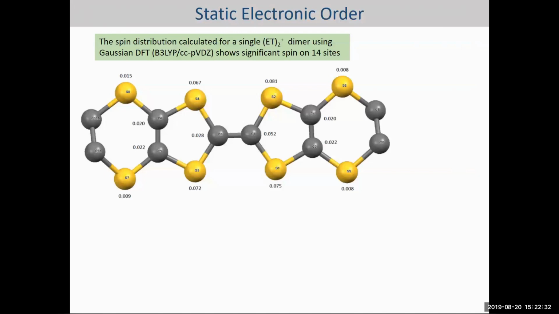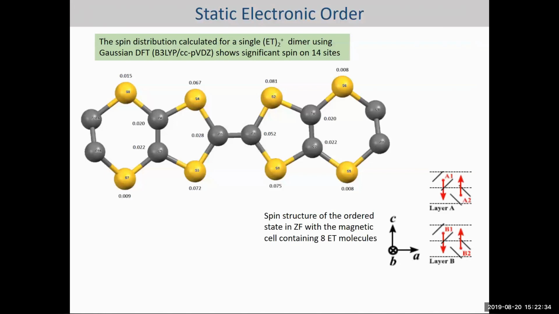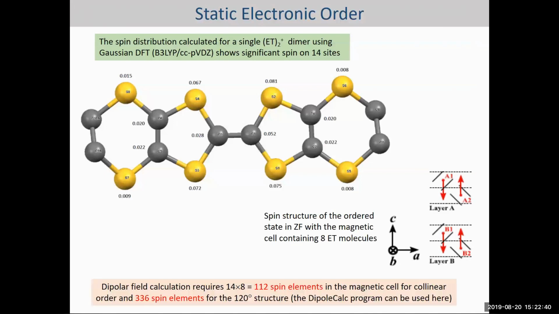So you can use this spin distribution, knowledge of the magnetic structure in this compound, and then do some dipole field calculations. So we've got 112 spin elements because there are actually 8 molecules in the magnetic unit cell, and we have 14 spin centers on each molecule. So we've got 100 or 300 spin elements, depending on the magnetic structure.